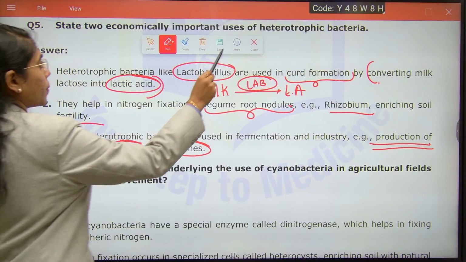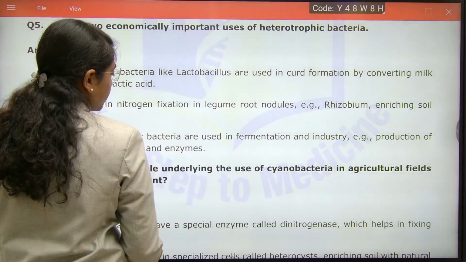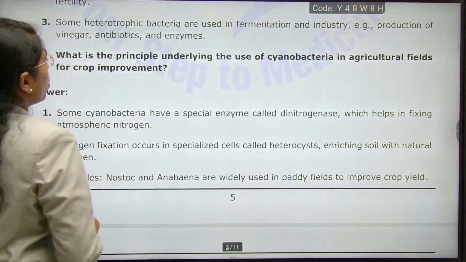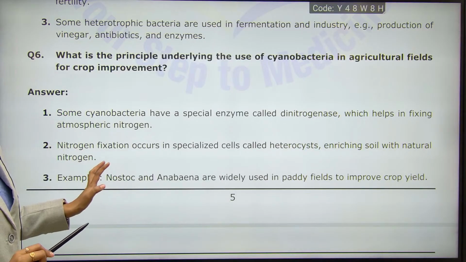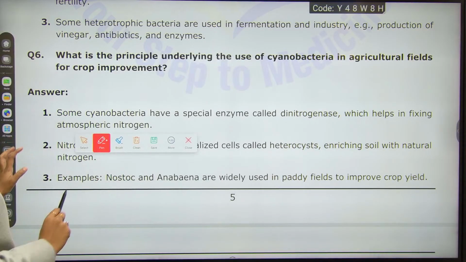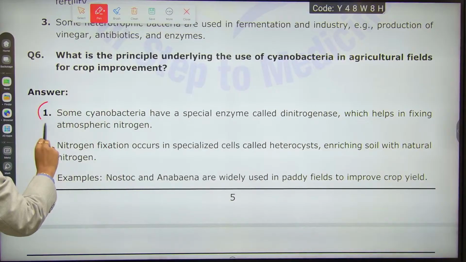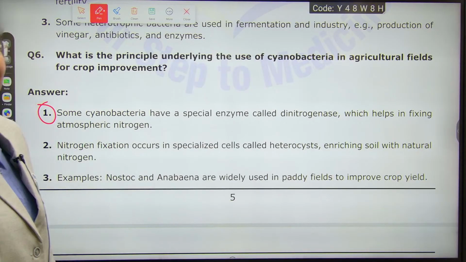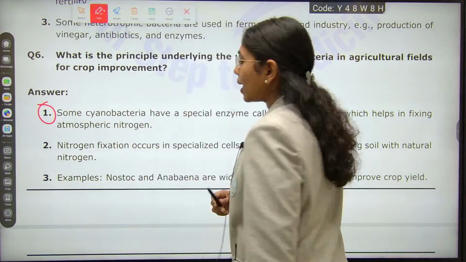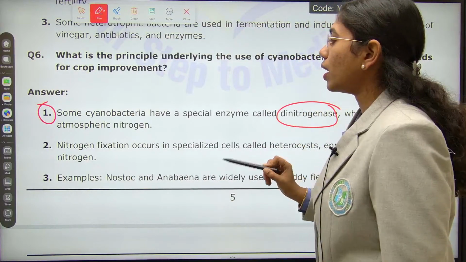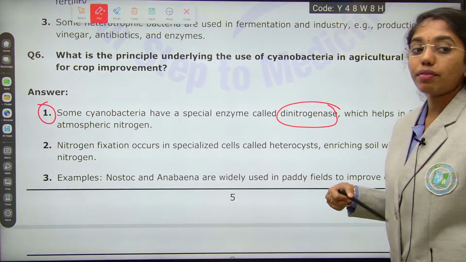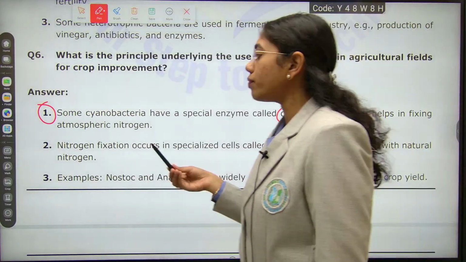Next, what is the principle underlying the use of cyanobacteria in agricultural fields for crop improvement? Some cyanobacteria have a special enzyme, dinitrogenase, which is the nitrogenase enzyme that helps in fixing nitrogen.